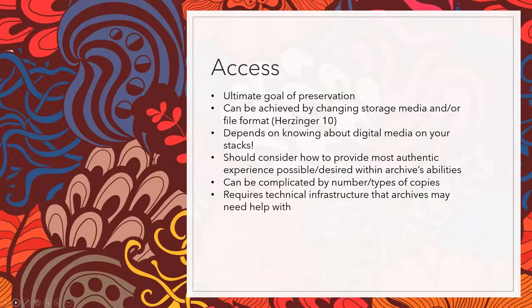It's just going to vary from collection to collection and maybe even from record to record. But at the end of the day, there is going to be some kind of technical infrastructure that is required to serve as a bridge between your researchers and digital records.